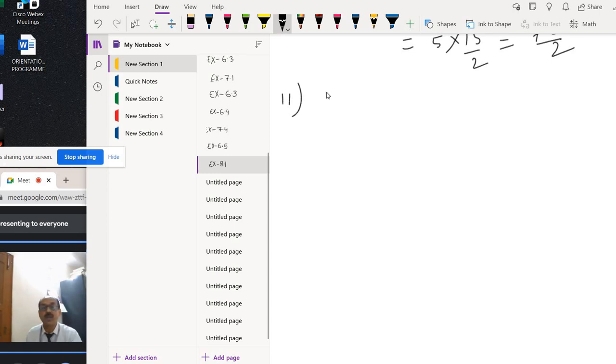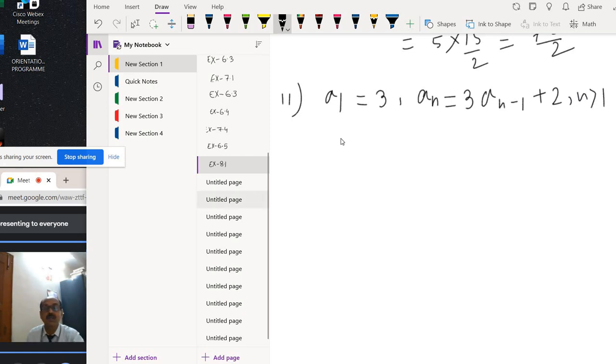A1 equals 3 and An equals 3 into An minus 1 plus 2, for n greater than 1.